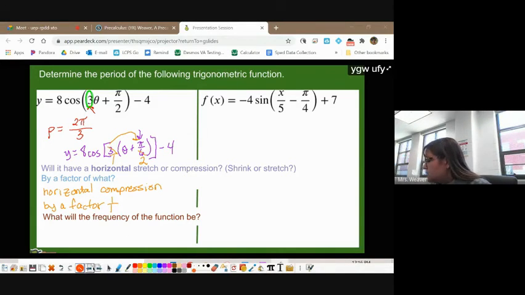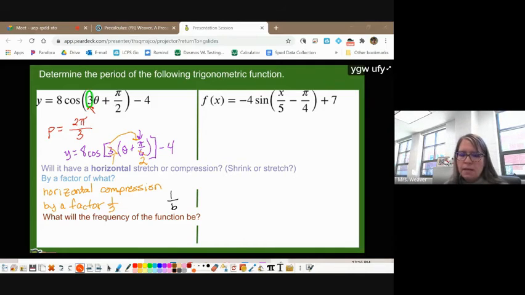The compression factor for horizontal is always 1 over your B value. It's the reciprocal of your B value. So this is going 3 times as fast, so it's going to finish in 1/3 of the amount of time. Does that make sense? If it's going 3 times as fast, it'll finish in 1/3 of the time. So it'll be a compression by a factor of 1/3. Okay? Are we okay on that part?